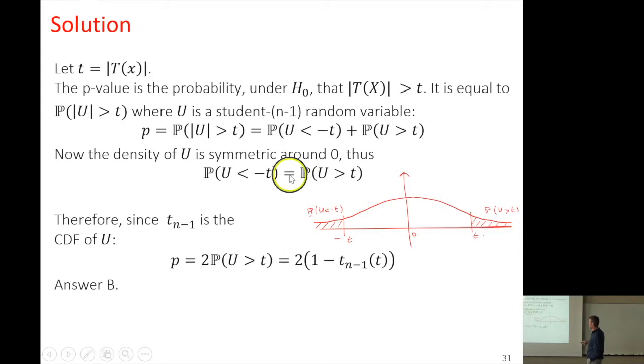And those two things are equal. Therefore, the probability of exceeding here in absolute value is 2 times the probability of exceeding when we remove the absolute value. So it is 2 times 1 minus the CDF. Right? So 1 minus Tn, where T here stands for student, the CDF of the student distribution. So it's the complementary CDF. Therefore, we have a factor 2 that comes here.